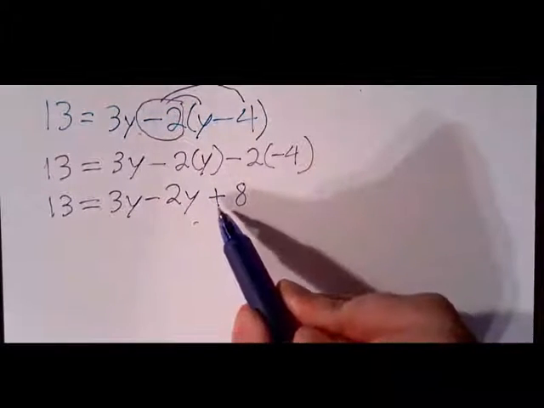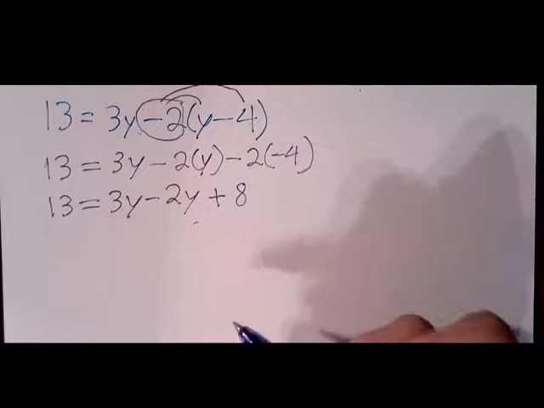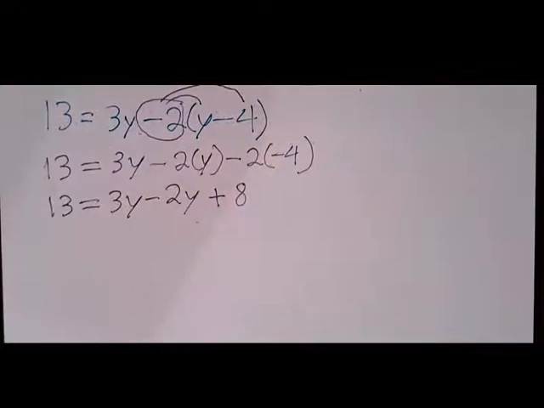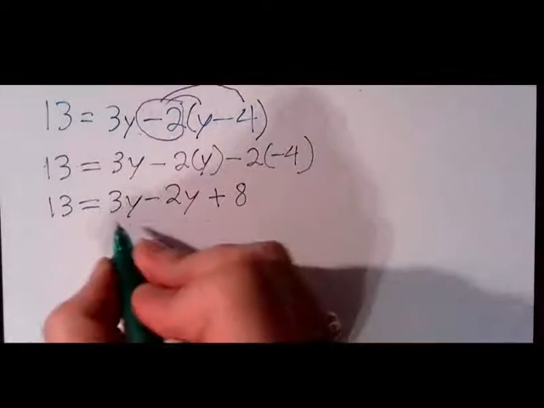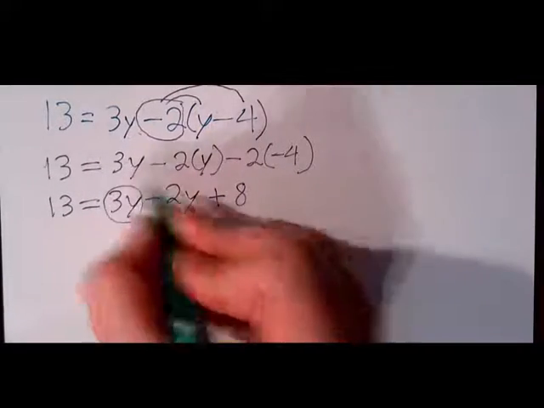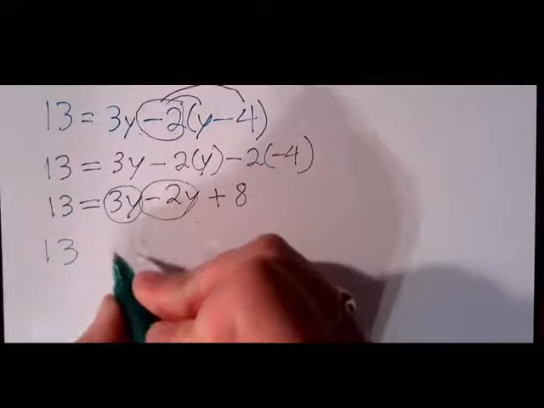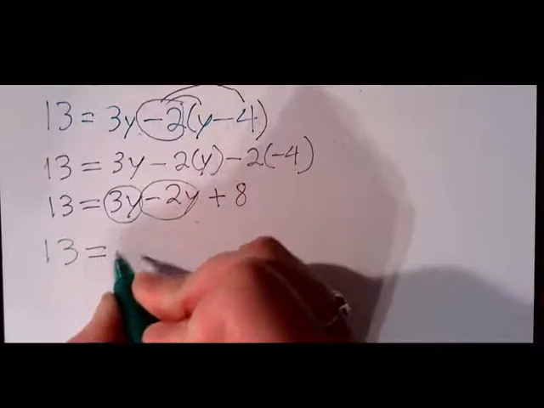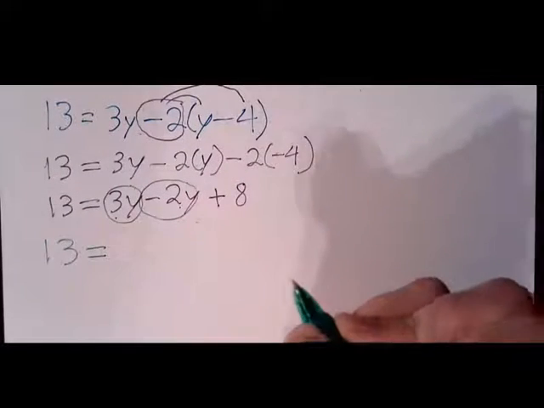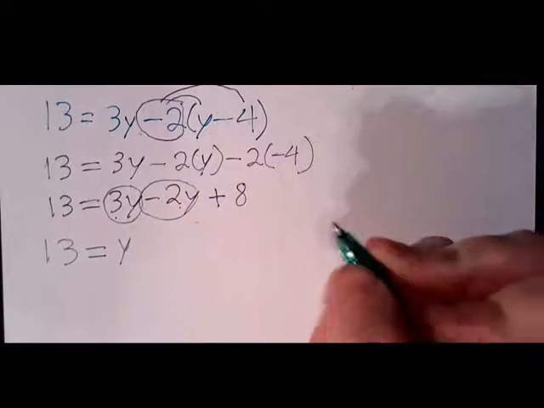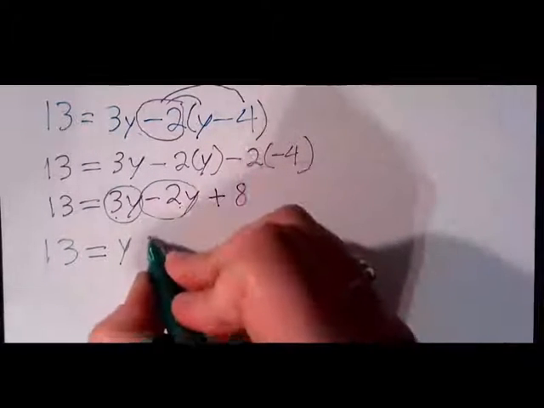Now, we got the plus because a negative times a negative is a positive. All right, combining my like terms. So we get 13 is equal to, 3y plus a negative 2y is just y, or 1y, plus 8.